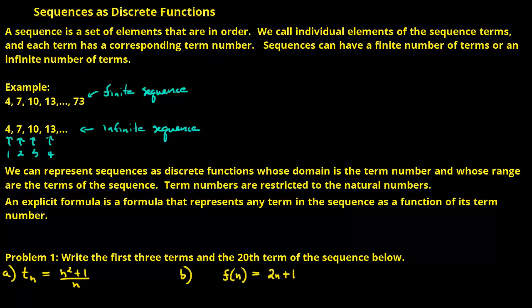What that means is that I can come up with a function whose input is the term number and whose output is the term that corresponds to that term number. So we're going to look at how to come up with explicit formulas for those functions, where an explicit formula is just a formula that represents any term in the sequence as a function of its term number.